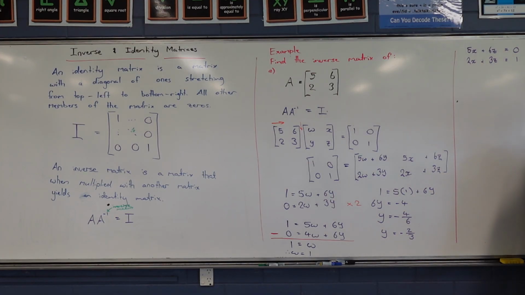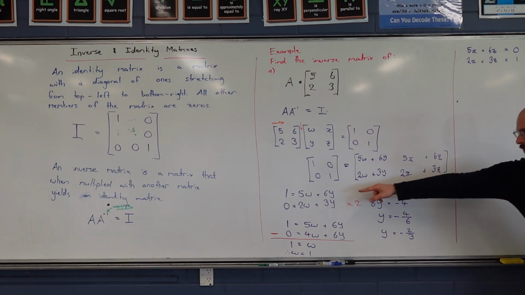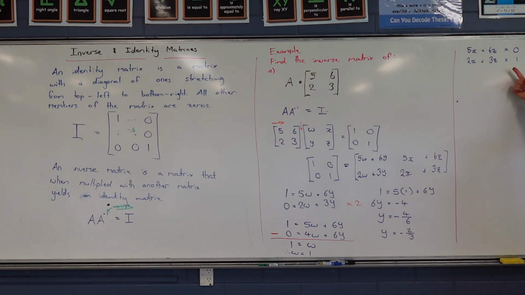Does it matter which side I put it on of the equal sign? No, you can do it either way. I don't know why I did it this way. Okay, now we ask ourselves, what's the easiest way to get elimination happening? Times by 2.